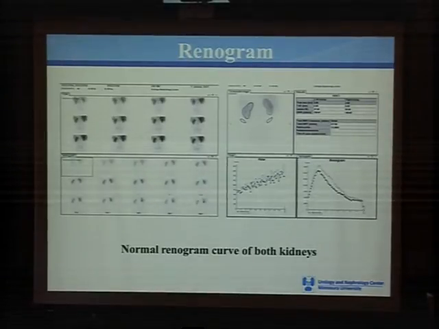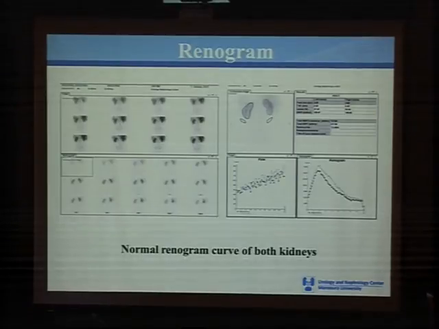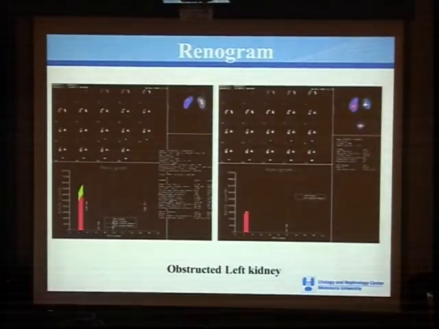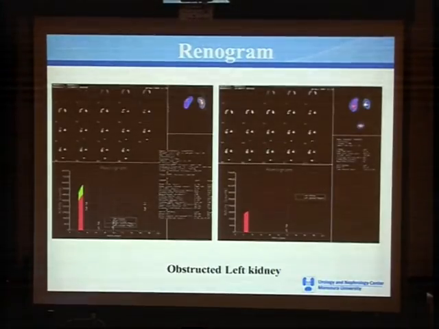Here, this is a live demonstration. Here, one kidney, and the other kidney. This is the normal curve. It will be like that. Here is the red one. Here is an obstructed kidney. The curve is going up. This is an obstructed kidney.